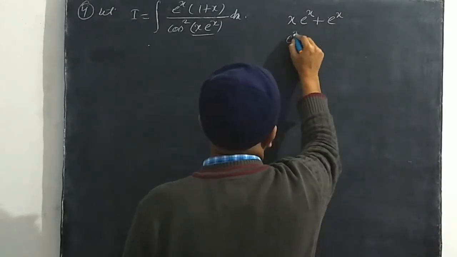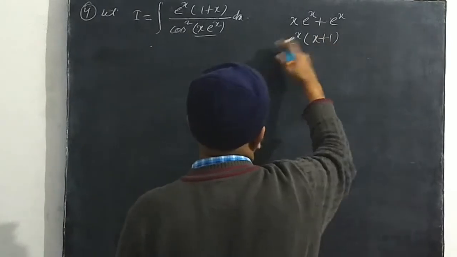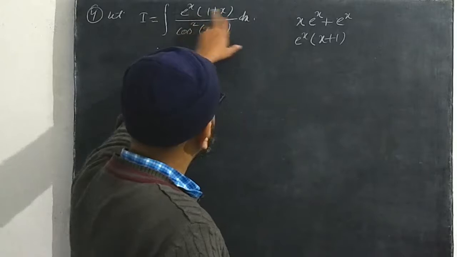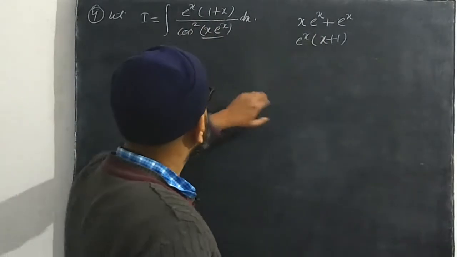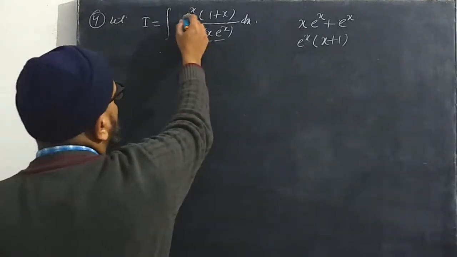If you take e raised to the power x common out of it, we get in the bracket x plus 1, or x plus 1 and plus 1 plus x is the same thing. So what we have in the numerator, exactly the same expression. That means the differential coefficient of x e raised to power x is exactly e raised to power x times x plus 1.